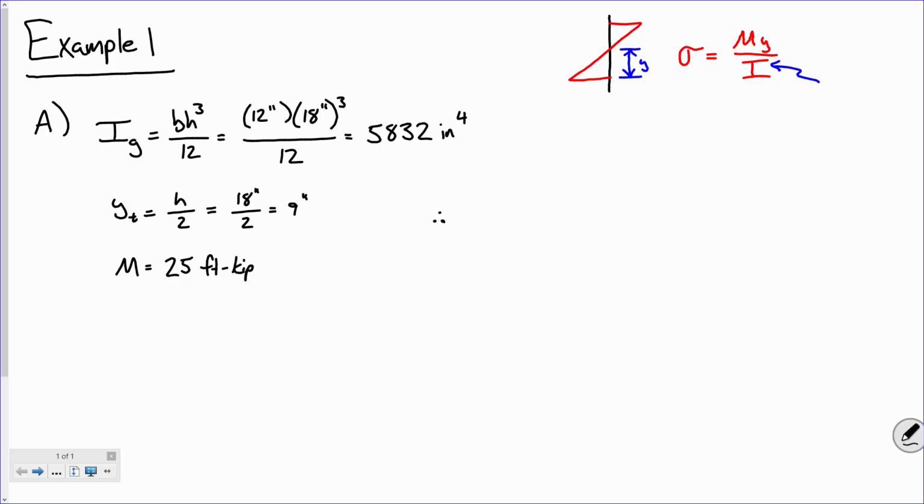We'll assume the bottom of the beam is in tension, as M y over I. Would that be a fair statement? So plug and chug. And we've got that, right? What's the problem?